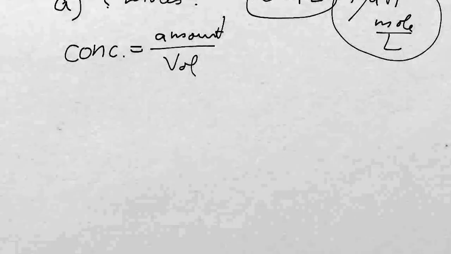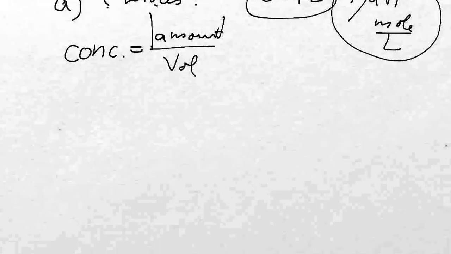Now, we said that is our concentration here. That's our volume. So we said concentration equals amount per volume. We are looking now for the moles, for the amount, this guy here.